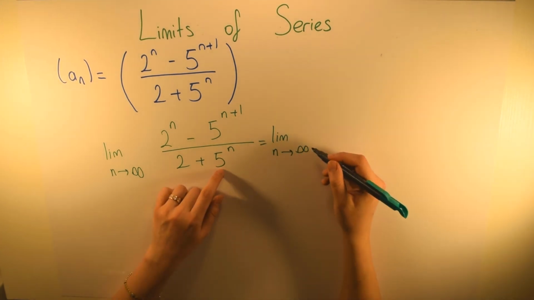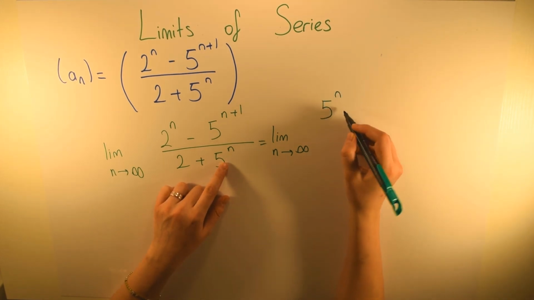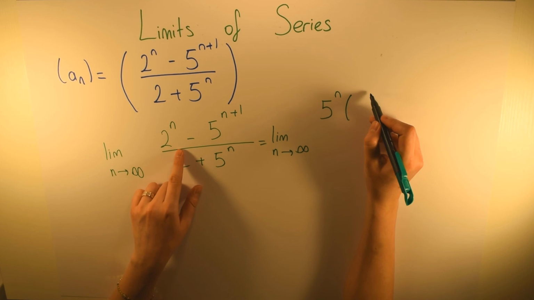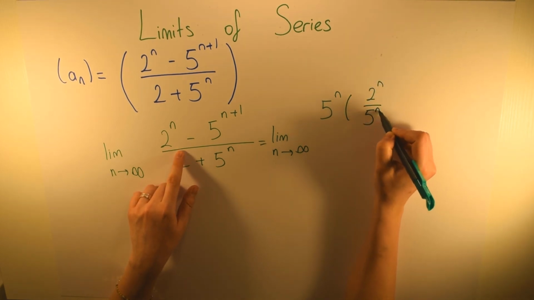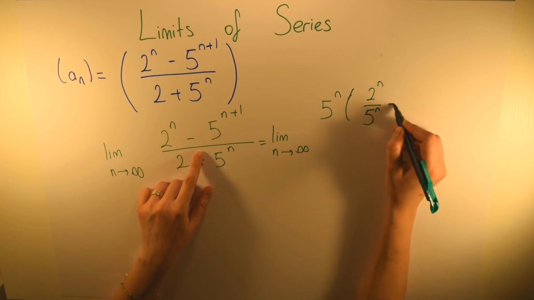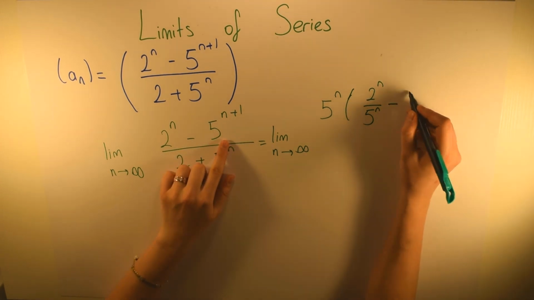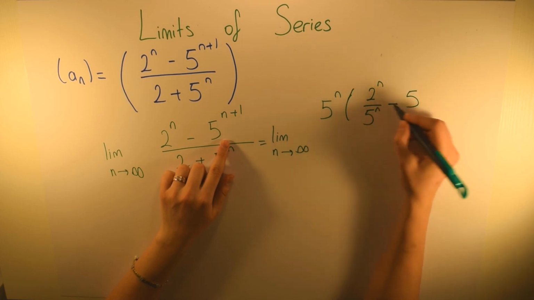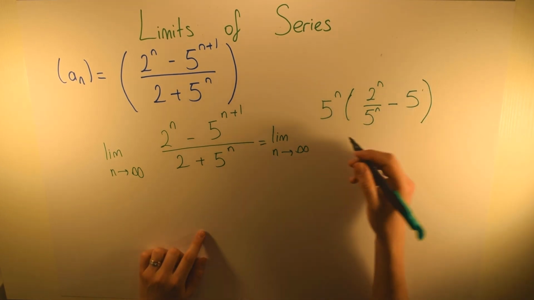So here we can write this as the limit as n approaches infinity. We can take 5 to the power of n as a common factor. So in the numerator we have 2 to the power of n over 5 to the power of n, and then minus 5 to the power of n plus 1, so we can write this as 5, when I multiply these two, I will get 5 to the power of n plus 1.